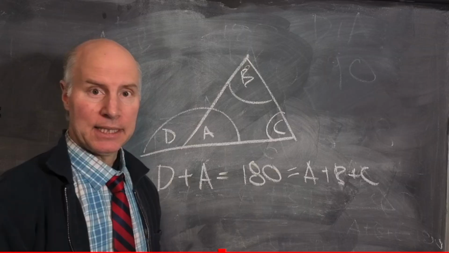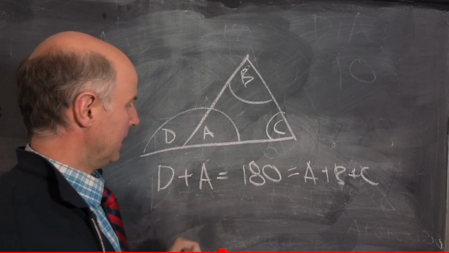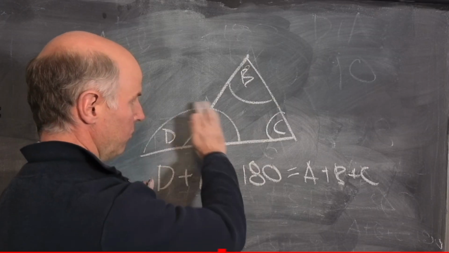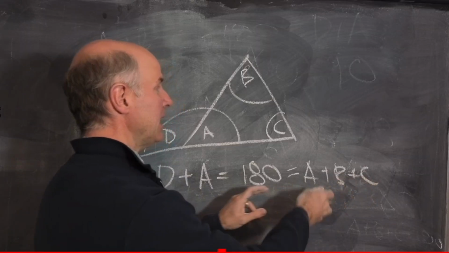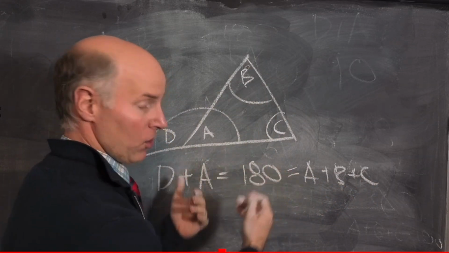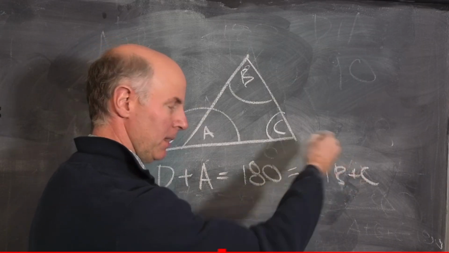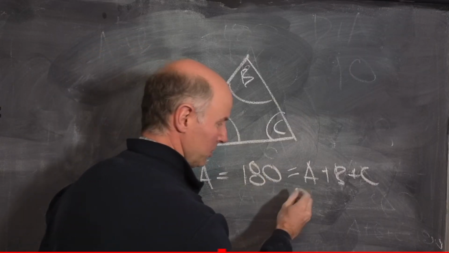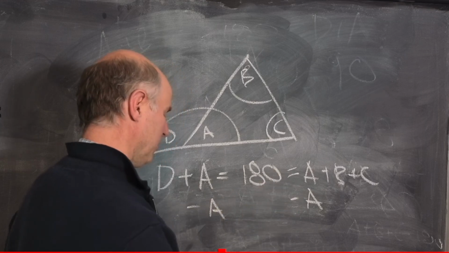These two ideas now are going to help us form our fourth rule, and it goes something like this. We know that D plus A form a supplementary angle, adding up to 180 degrees, and A plus B plus C, the interior angles of a triangle, add up to 180 degrees. So from that, we know that they're the same. We could literally say D plus A is equal to A plus B plus C. And if we do a little subtraction, subtracting the A from both sides, we're left with this statement.